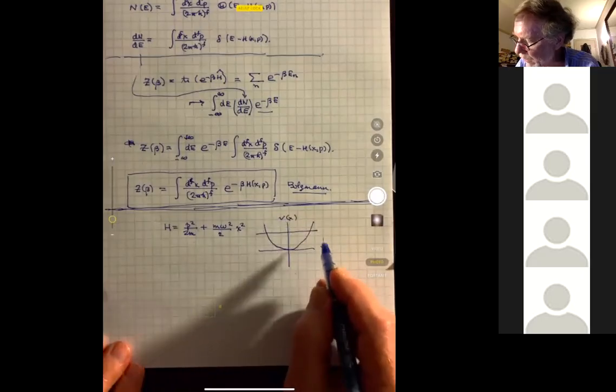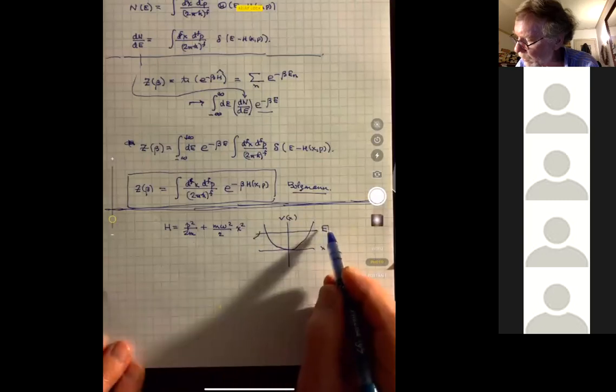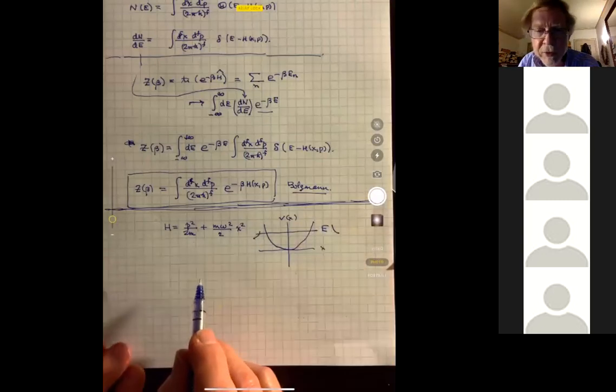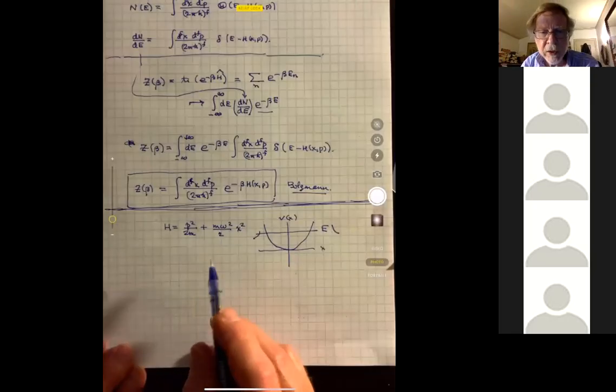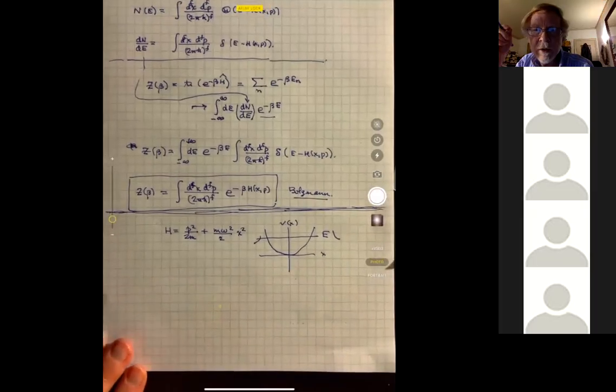At any energy E, there are classically forbidden regions, so the wave function has to die off exponentially in those classically forbidden regions. What that means is the wave function is normalizable, and the wave function therefore belongs to the discrete spectrum. This is generally what you get with bound states.